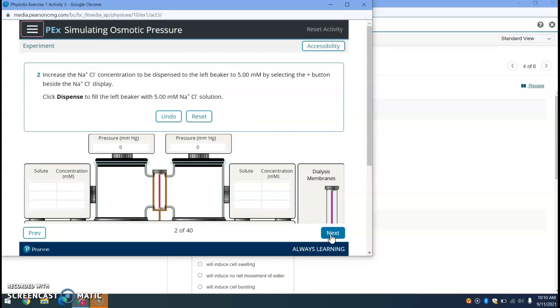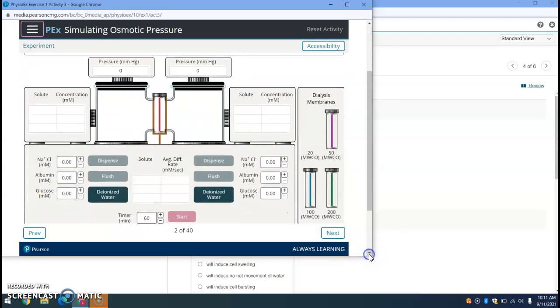Increase the sodium and chloride concentration to be dispensed to the left beaker to 5 millimolar by selecting the positive button beside the sodium chloride display. That must be down below here. Yes.